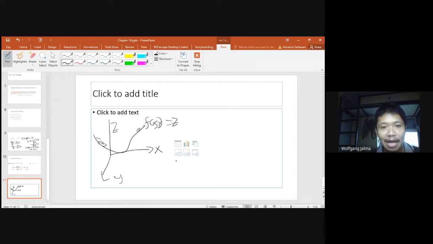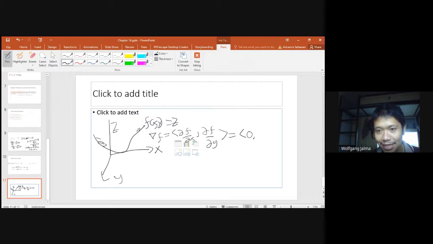So if we have the gradient, that is df/dx comma df/dy, equals to 0, but remember that 0 is a vector here.